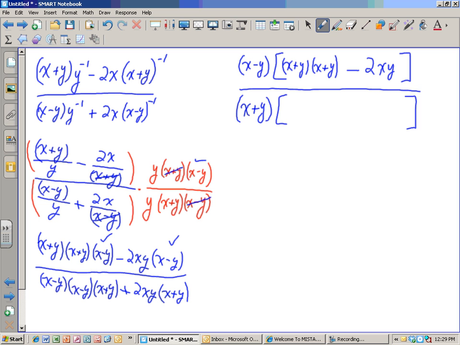So I have x minus y times x minus y plus, I took out the x plus y, didn't I? So I've got plus 2xy. I still cannot reduce anything yet. I don't have anything I can cross off. But let's simplify inside the brackets.